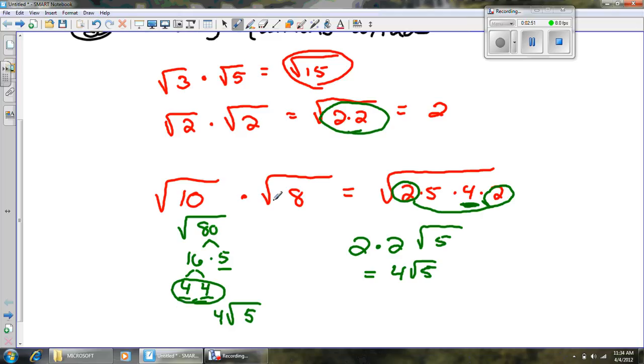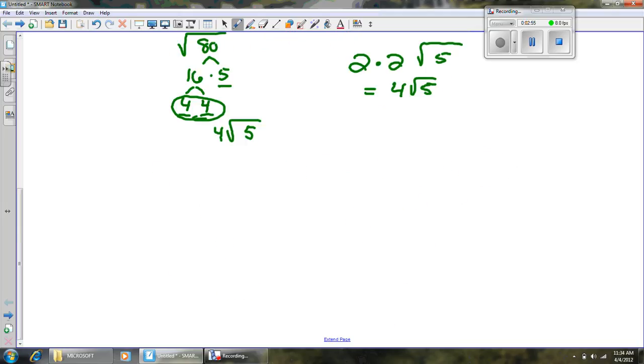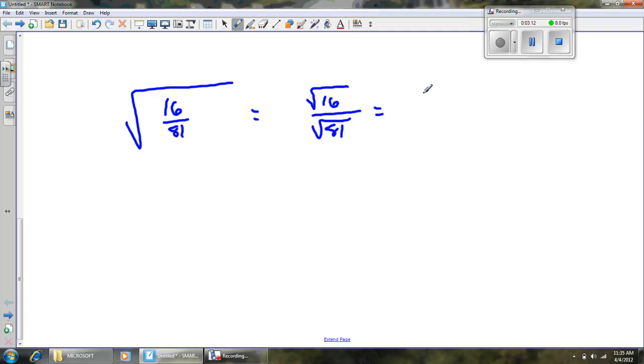Now, one thing I think is really cool is when I have, say, the square root of 16/81. Well, this is the same as rad 16 over rad 81, which is the same as 4/9.